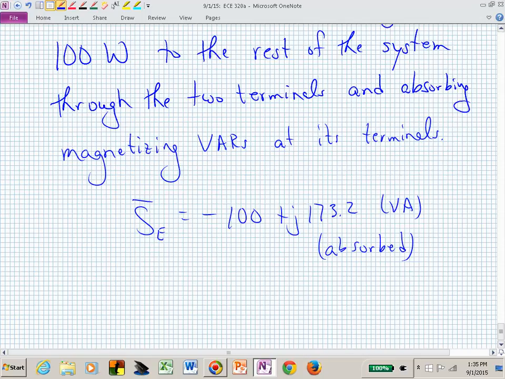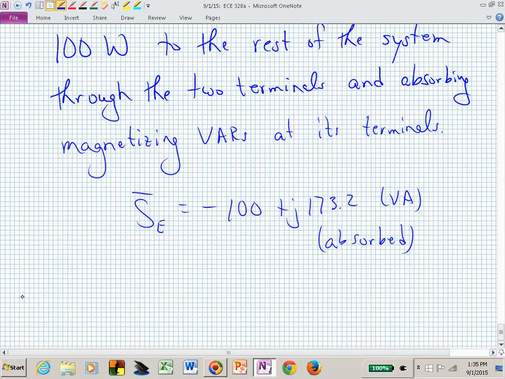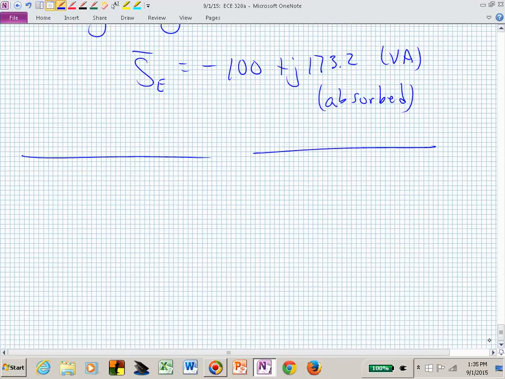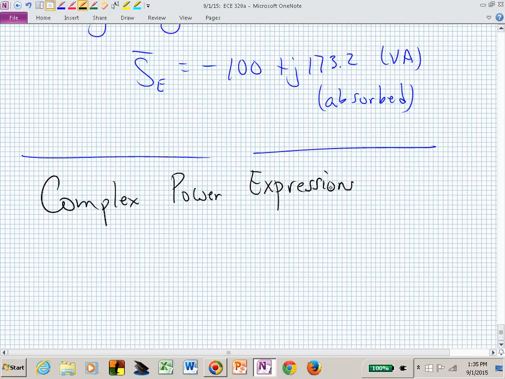Let's now talk about different formulas for these complex power expressions. And we've already derived one of those in solving this earlier problem.